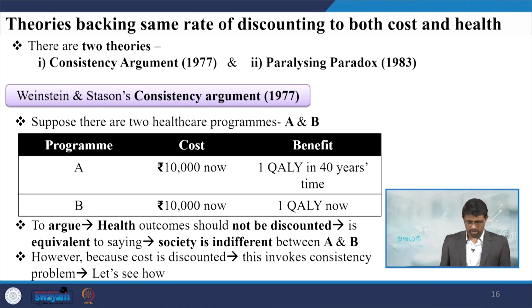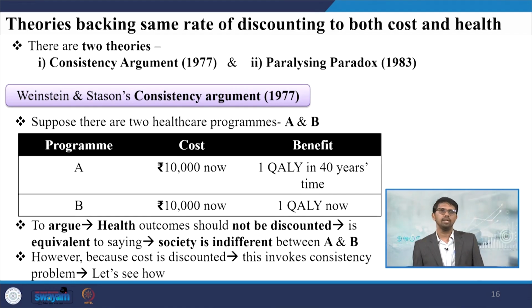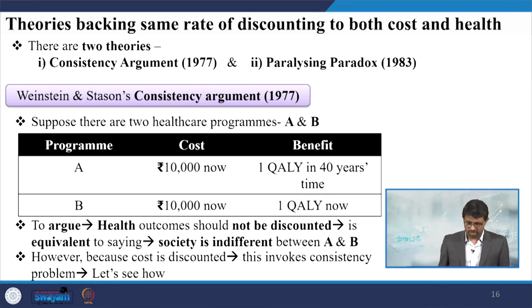They compare two programs A and B and their respective cost and benefit, one in present time, another in discounted time over a 40 year period. In the first case, it is 1 QALY in 40 years time. In case B, it is 1 QALY in the present period.